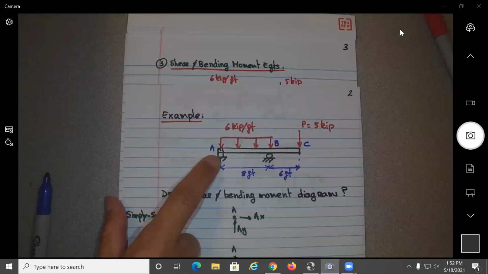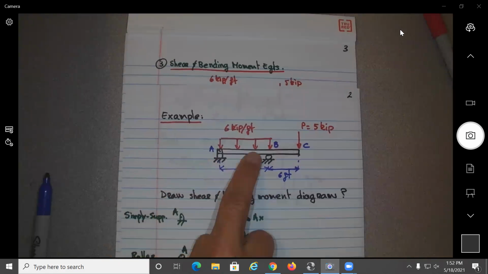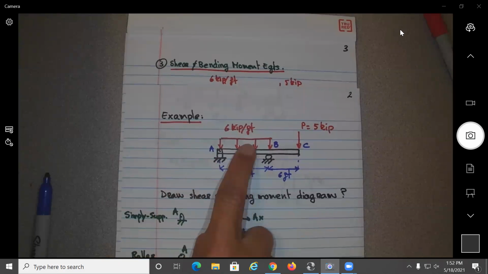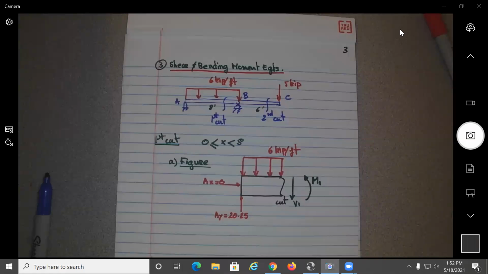But now, if you remove the support, you need to replace the support by two forces. So it's about the same thing. If you want to find the shear force and the bending moment inside the structure, the only way to make those forces become external will be what? To make a cut. And that's why you do it, because otherwise you cannot use summation of forces or summation of moments. So that's what we did over here.